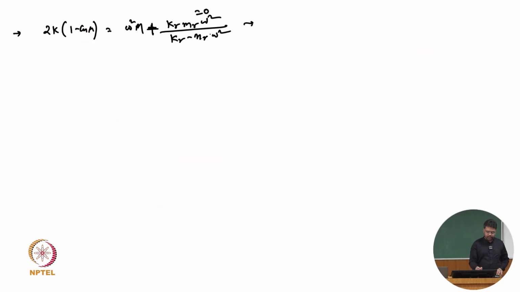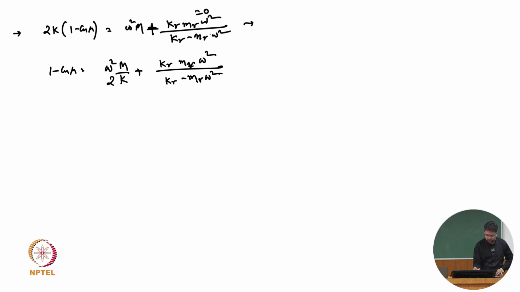So now 2k minus this, so what can we write? We can write 1 minus cos mu should be equal to omega square m by 2k minus k_r m_r omega square divided by (k_r minus m_r omega square) by 2k.